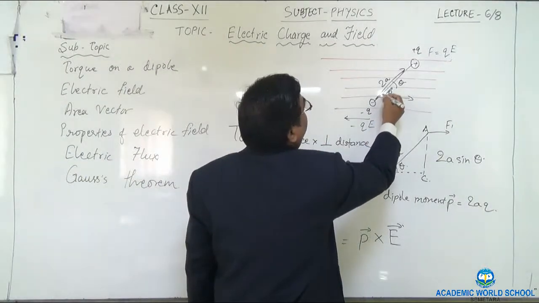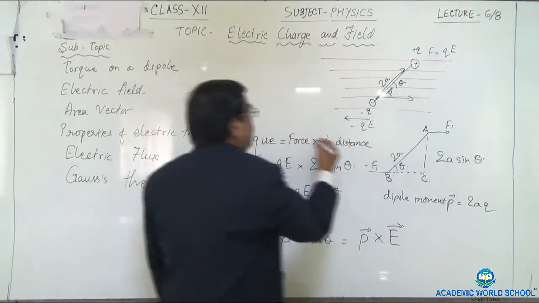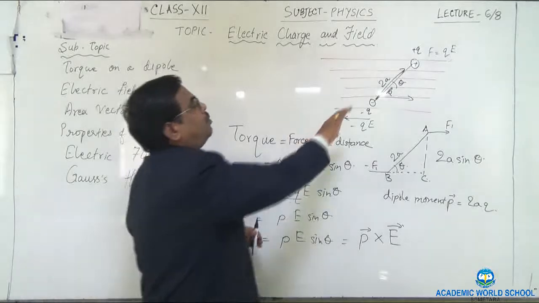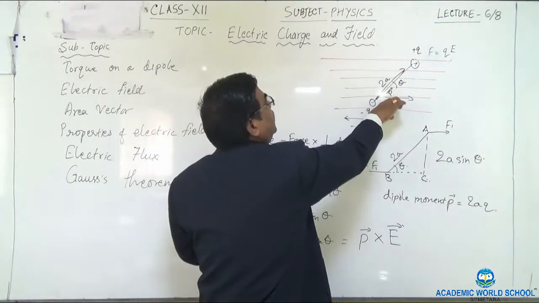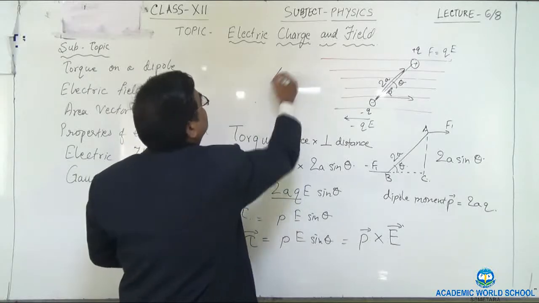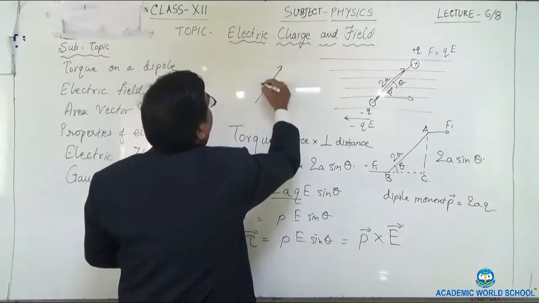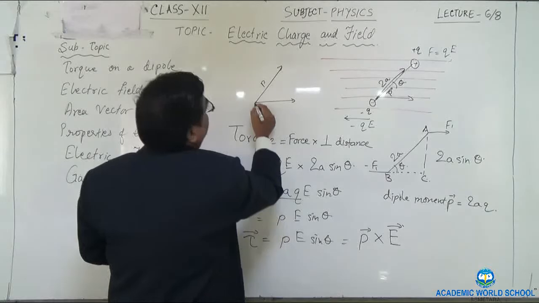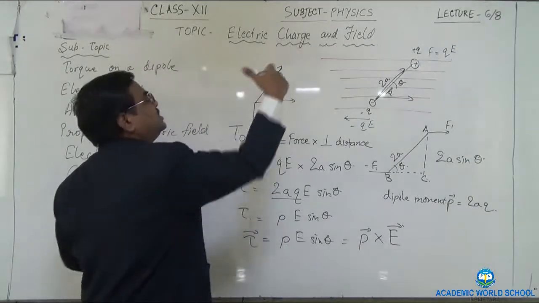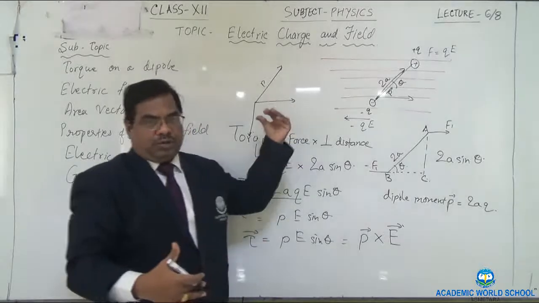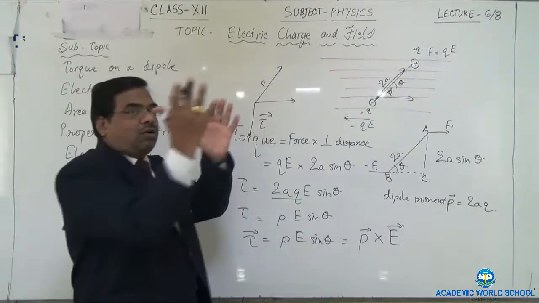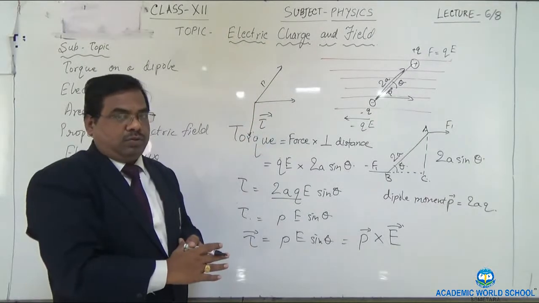Using the right hand thumb rule, I multiply p with E. It is towards the negative z axis, inside of the board. This is your torque. Torque is on the inner side of the board.